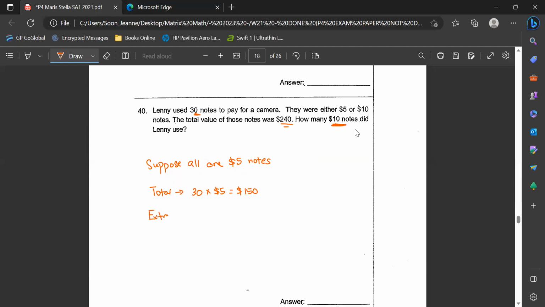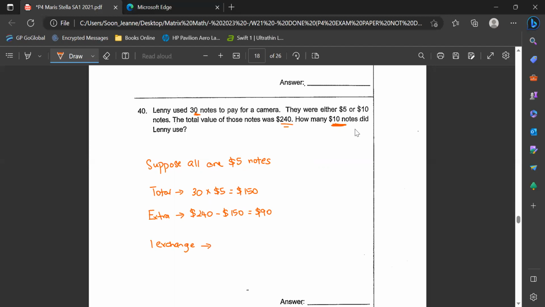So there is some more extra money that you still need. You take 240 minus 150. You need an extra $90. So what we're going to do is exchange, because not all of them are actually $5 notes, some are actually $10 notes.